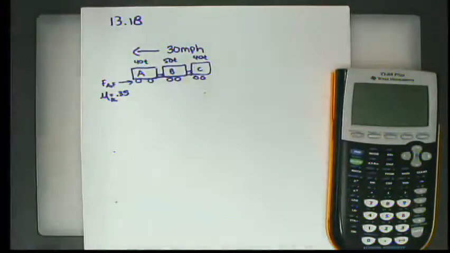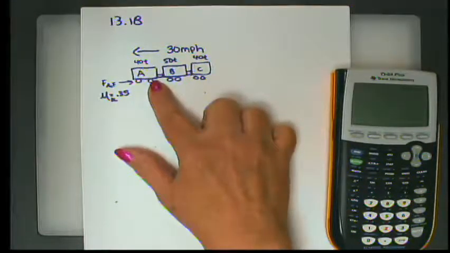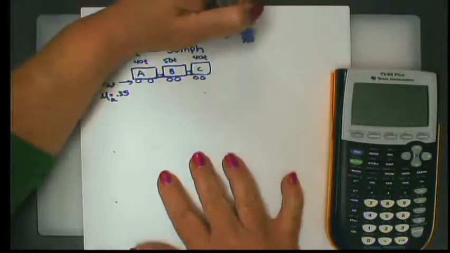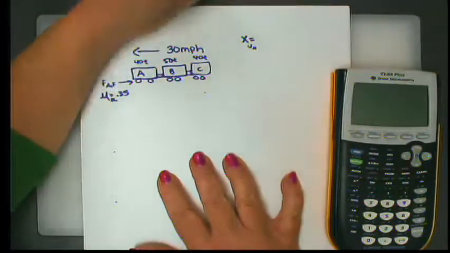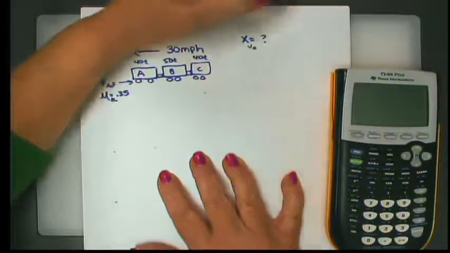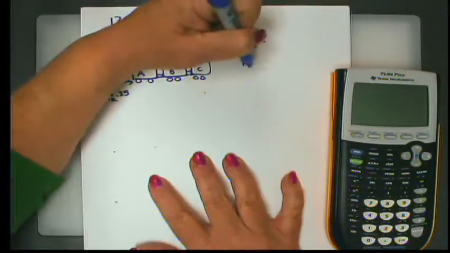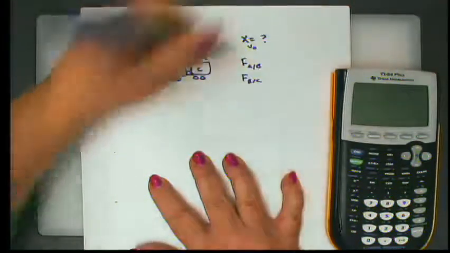All right, so the first thing that we would do, let's see what we're looking for here, 13.18: the distance and the force in each coupling. So the distance that we're going to travel in order to get to the speed of 0, and then we want the force in the coupling between A and B, and the force in the coupling between B and C.